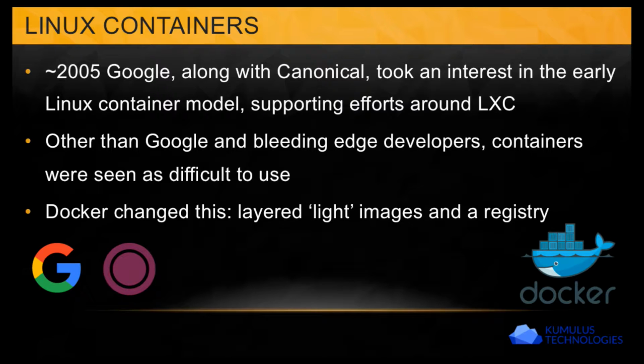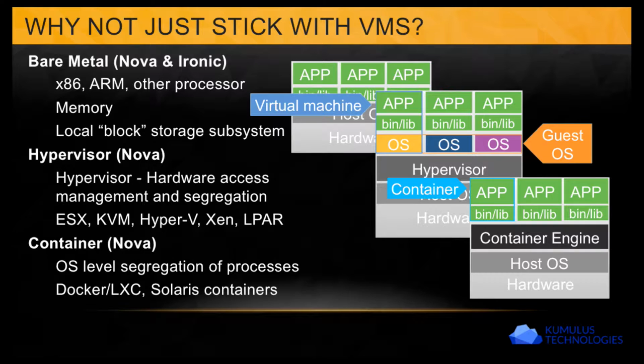As a matter of fact, now the container community seems to be converging on some standards-based image models, some standards-based registry concepts, and I think that's good for all involved. And so we're seeing that with the Open Container project, trying to drive more consistency across all of the different container engines and platforms. But really, why don't we just stick with virtual machines?